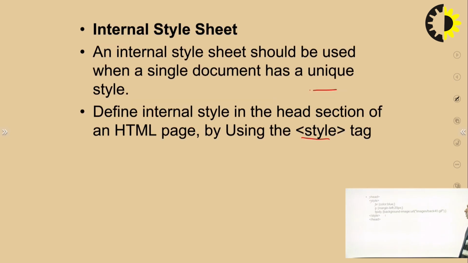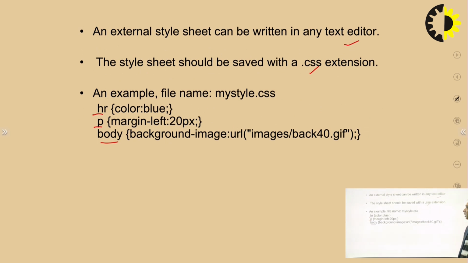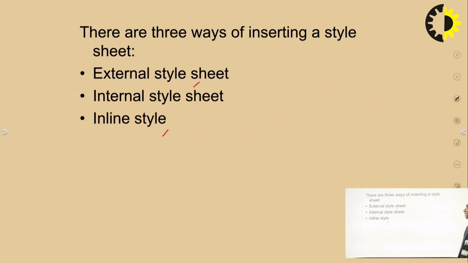So I have discussed the important ways to include the CSS in the HTML page, or you can say web page. First one is external. We have one external file, and this external file is included in HTML pages with the help of the link tag. And if you make any changes in the external file, it will affect all the web pages. Second, we define the internal style sheet.